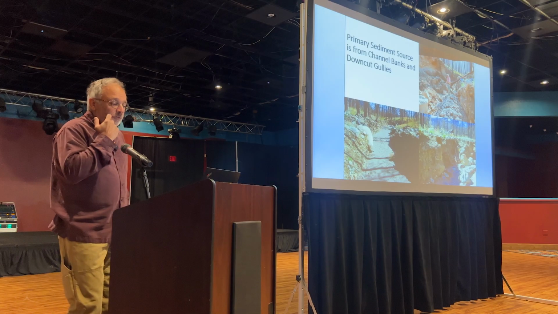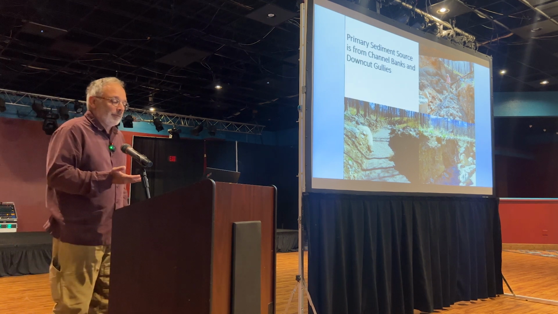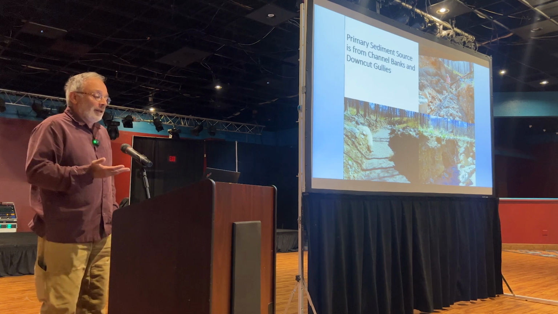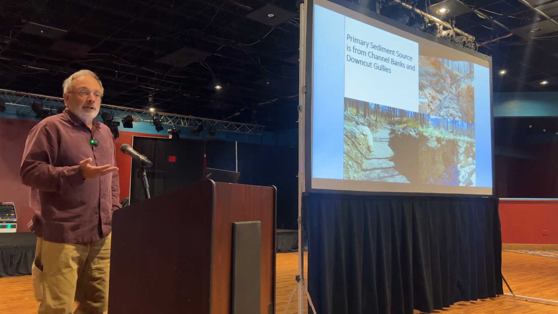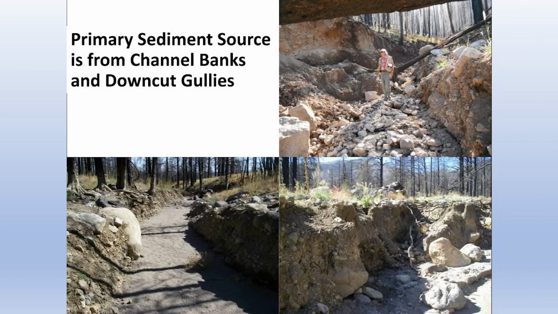So this is, again, some examples of what we have experienced from the Schultz fire, the Museum fire, and now the Pipeline fire, that these are what those eroding channels look like after they've been incised. These were pretty small, 2 or 3 feet deep, and now they're 10 feet deep or better.